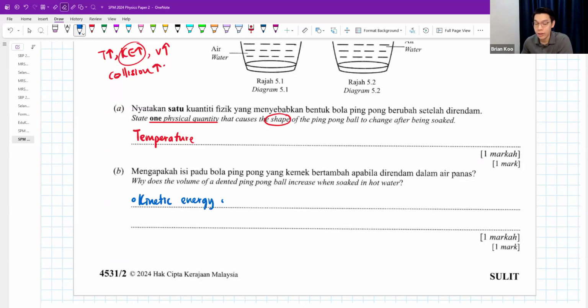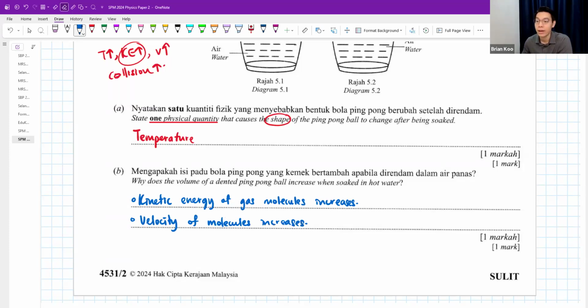Kinetic energy of gas molecules increases. Okay, you already get the mark. You don't have to just stop at one answer. I know it's just 1 mark, but in the exam, in SPM, you can write more. Velocity or speed of molecules increases.